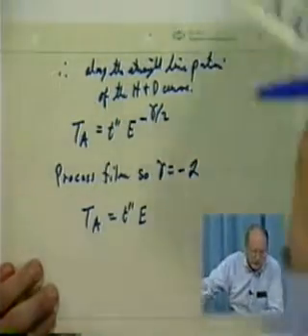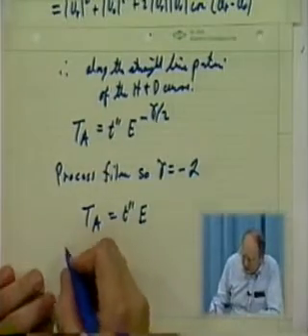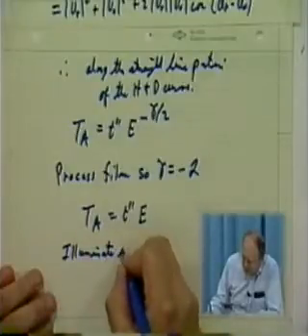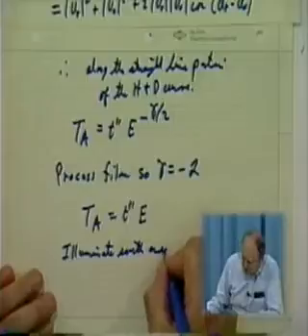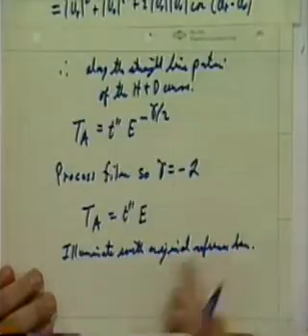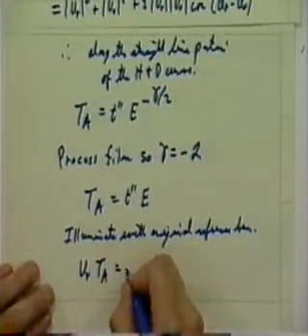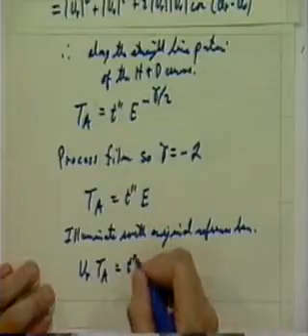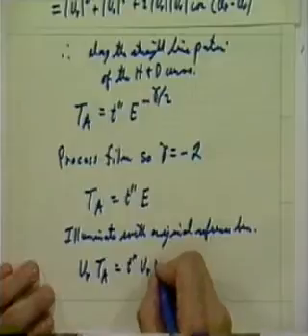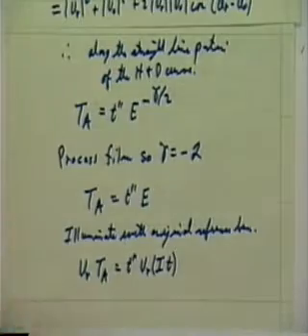And so now if we take this and illuminate with the original reference beam, we'd have U sub R, T sub A. So that's T double prime, some number, U sub R times I, the exposing intensity, times the time.